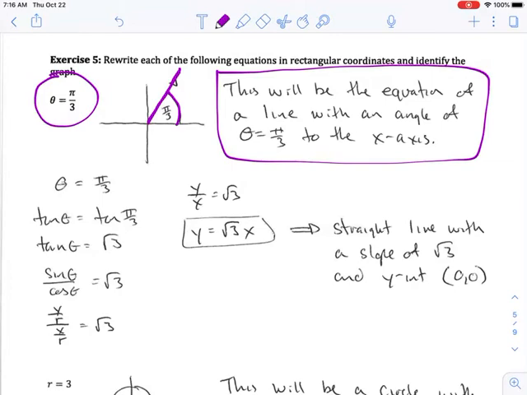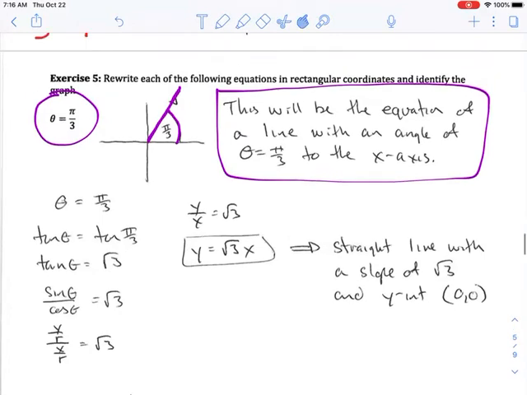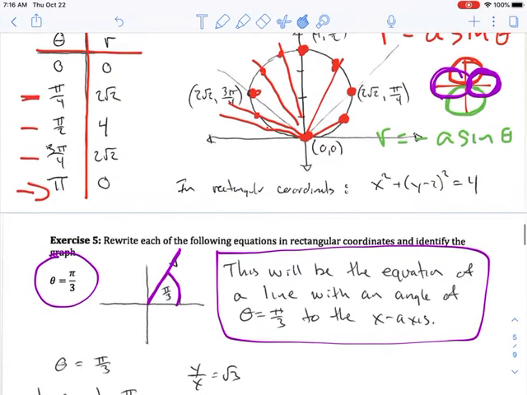I'm sorry, I forgot, we were supposed to convert this into rectangular coordinates back here, but I have that right here. I forgot to mention that. So we know how to convert from polar coordinates to rectangular coordinates.